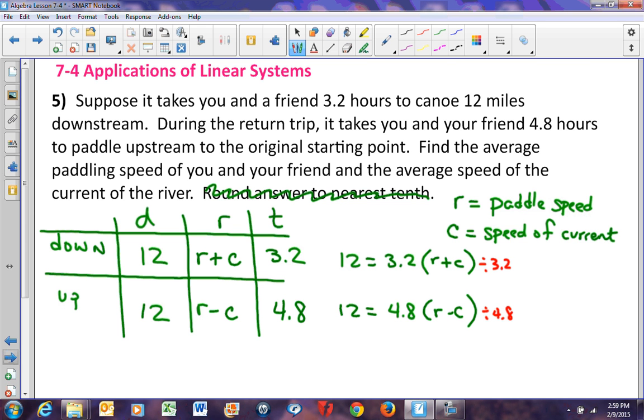And when I do that, 12 divided by 3.2 is 3.75, and that will equal R plus C. And 12 divided by 4.8 is 2.5, and that will equal R minus C.